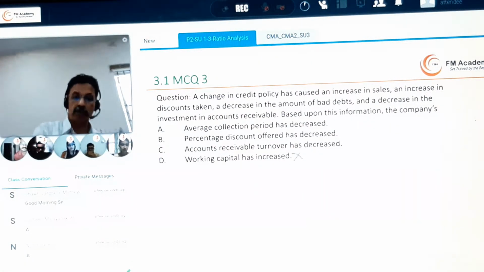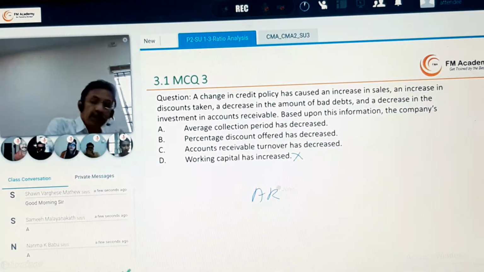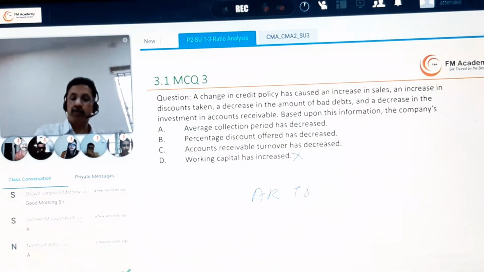So this is wrong. Account receivable turnover has decreased. What is accounts receivable turnover? Accounts receivable turnover is equal to turnover, that means net sales, divided by average receivables, right? This is the formula.